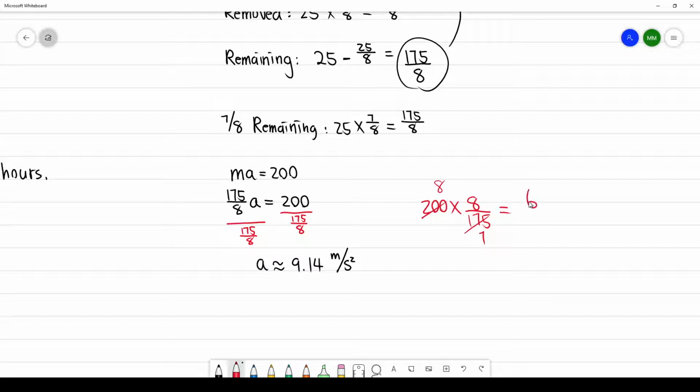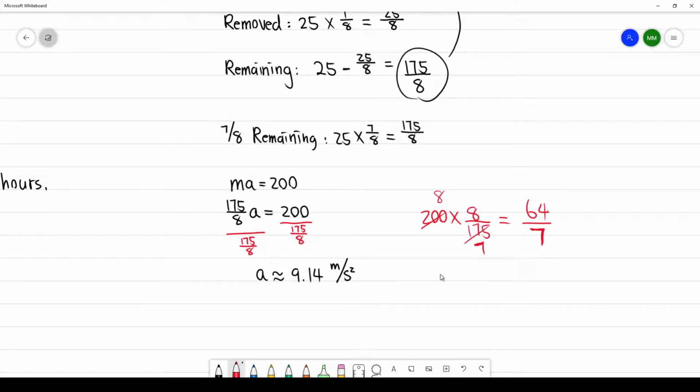So yeah, the answer is 64 over 7. Oh, and remember when you cancel things out that the numbers still exist. So don't just write 64. The one on the bottom also exists. Don't neglect that. So 64 over 7. That's the same thing as around this.